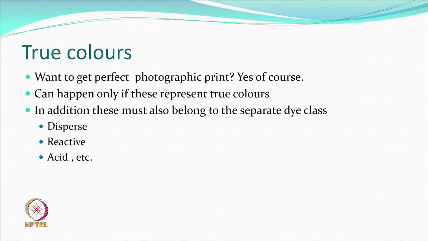That is difficult, is it not? You think it is easy? That is difficult. So, this is what we call the true colors. True colors means whatever cyan I wanted, this is the same cyan. If you make any other cyan with a little deviation, then you are not going to get the right results.